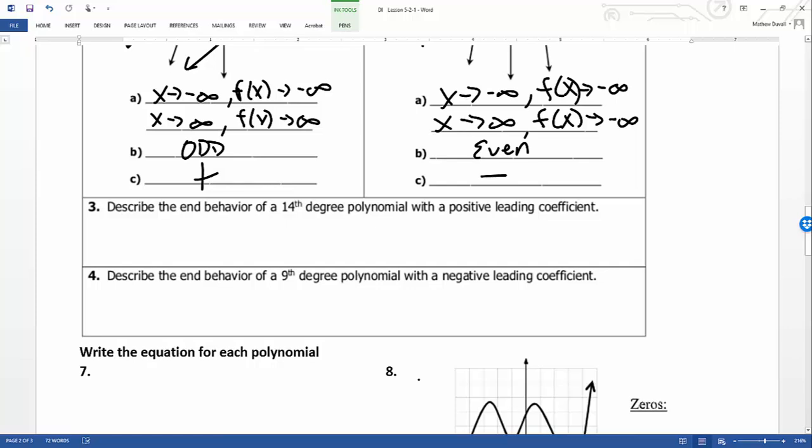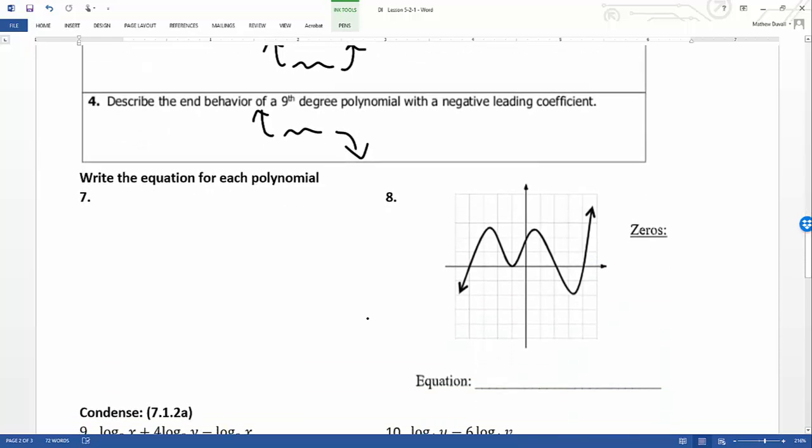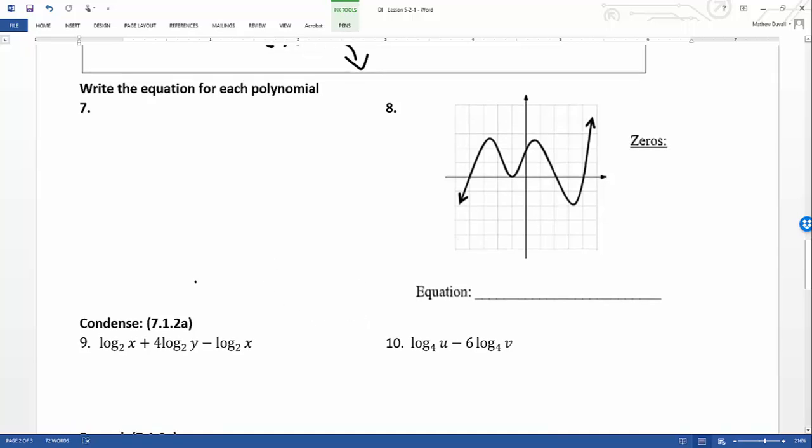Describe the end behavior of a 14th degree polynomial with positive leading coefficient. You can draw it if you want, so something like that. 9th degree polynomial with a negative. Okay, so you're going to have a negative trend. So for this one, I don't think that this is anything there. Just space.